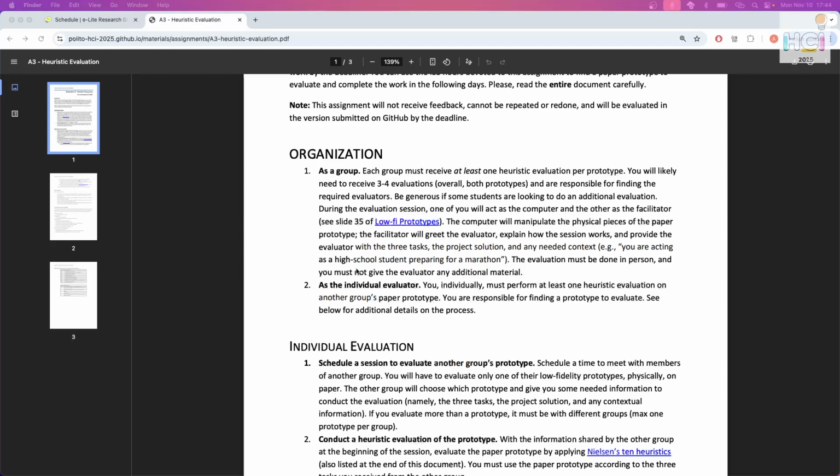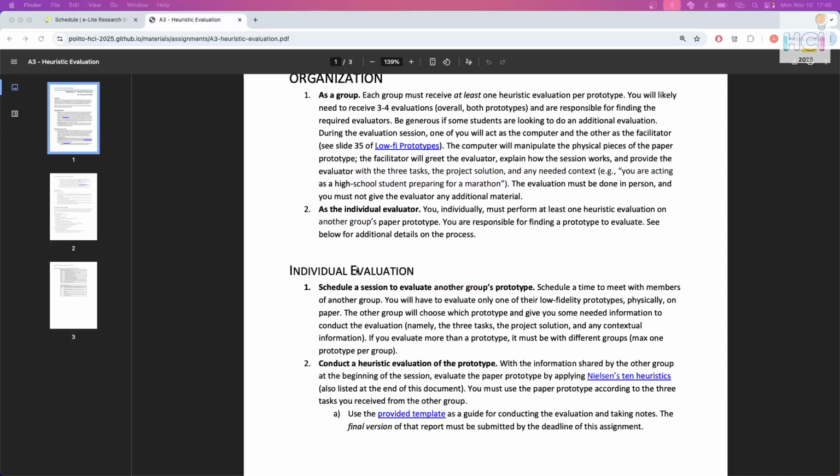This is our solution. This is our value proposition. You should keep in mind this, this, and this. Okay? Some generic information about the context and the solution, and then the facilitator also gives the tasks to the evaluator. Okay? So, two people from group A, which is receiving the evaluation, and one person, the evaluator.